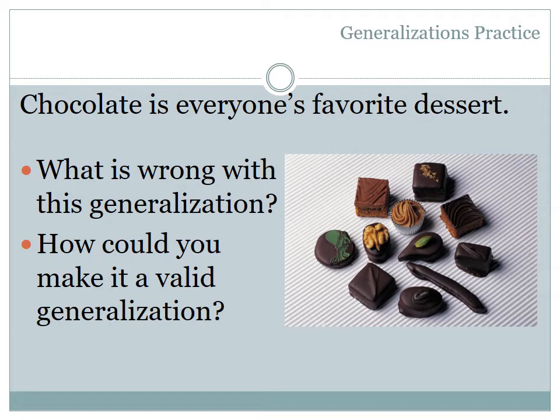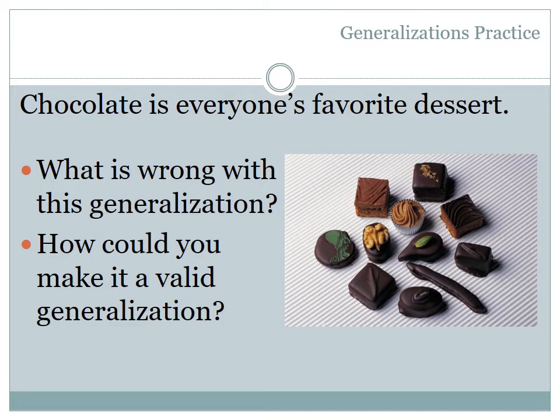As we all know, everyone is one of the words that we need to watch. It may be a wrong generalization or it may be a valid generalization. So how could you make it a valid generalization? What word can we substitute for everyone?